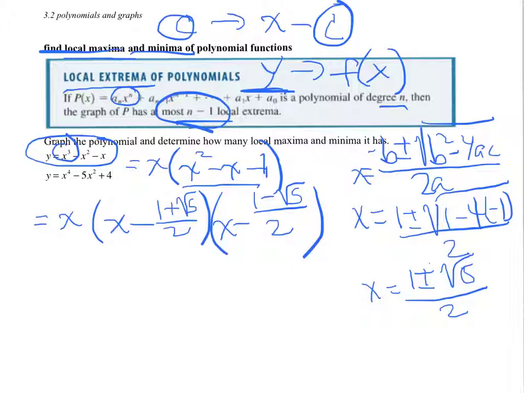So we have actually done something that we weren't asked to do. We were just asked to graph the polynomial. Oh, okay, well we have to do this to graph the polynomial. Actually, we can graph the polynomial, just use your calculator to graph it.